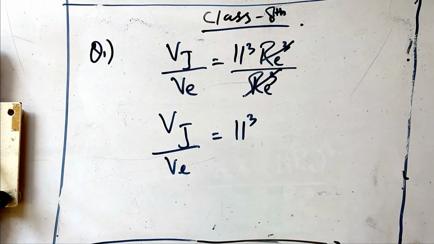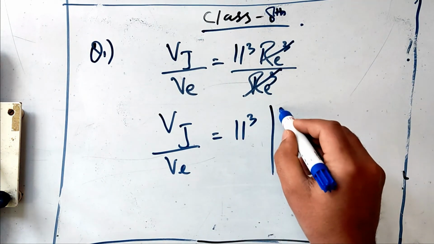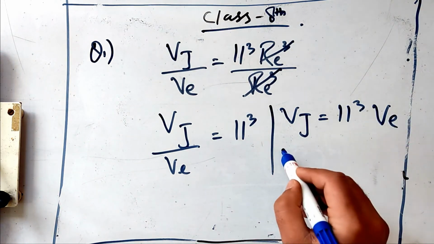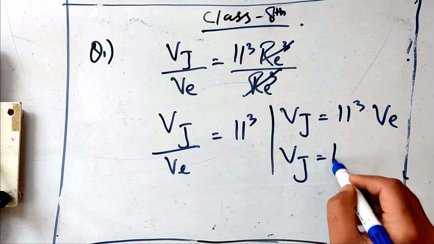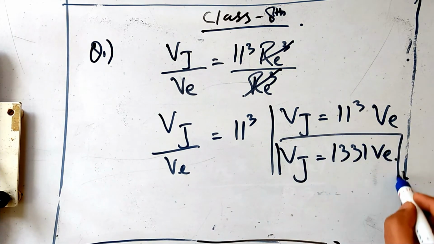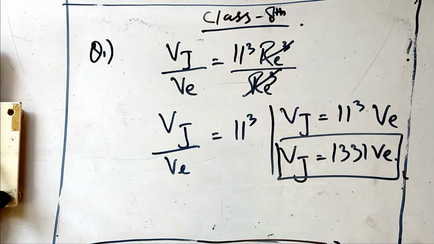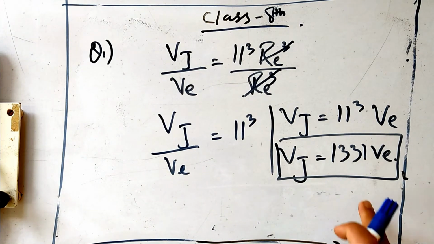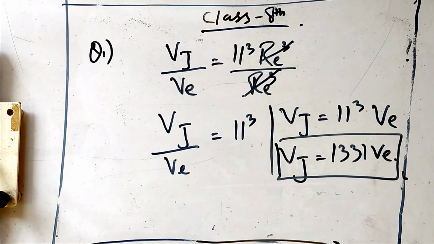So if the radius of Jupiter is 11 times the radius of Earth, the volume of Jupiter will be about 1331 times the volume of Earth. That's what we saw in the last lecture, where we said the volume of Jupiter is about 1300 times that of Earth.